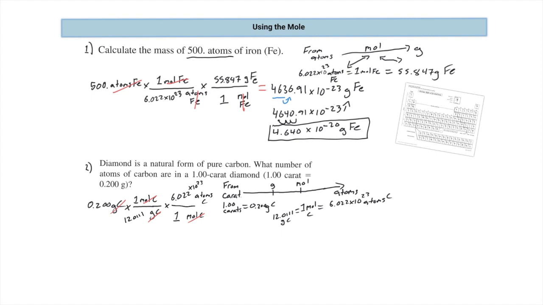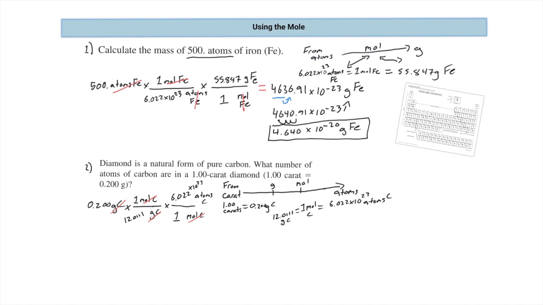And we do our math. So, what's our math? Well, let's go across the top first. 0.2 times 6.022. And that's 1.2044, which we will divide by 12.0111.